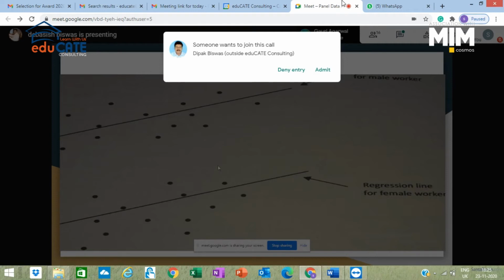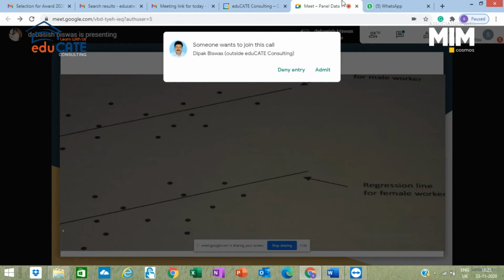So again I am saying, in case of the male worker, suppose this is your y-axis, so the intercept, that is this portion, is your intercept. And in case of the female worker, the intercept is this portion.